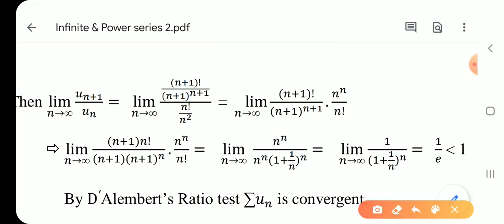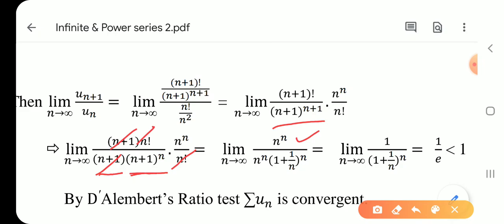Similarly here, the power we will split and write as n plus 1 into n plus 1 to the power n. So next let us cancel n factorial, n factorial, n plus 1, n plus 1. So n to the power n and n plus 1 to the power n remains.